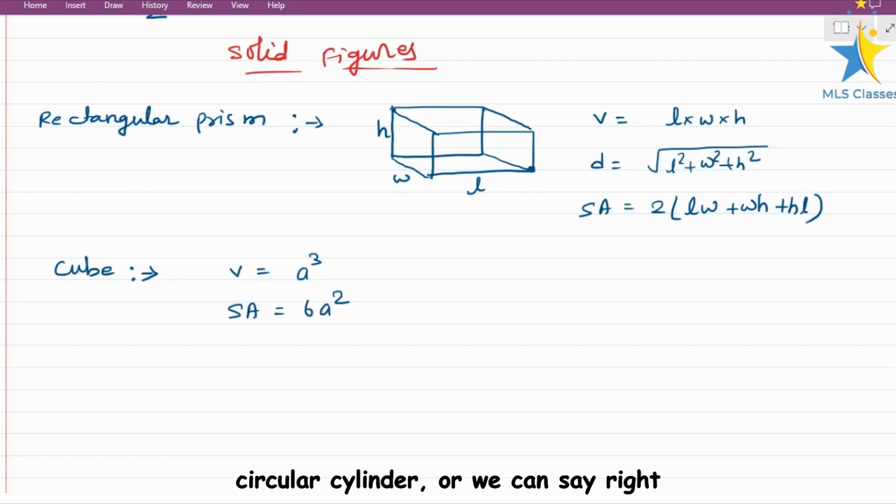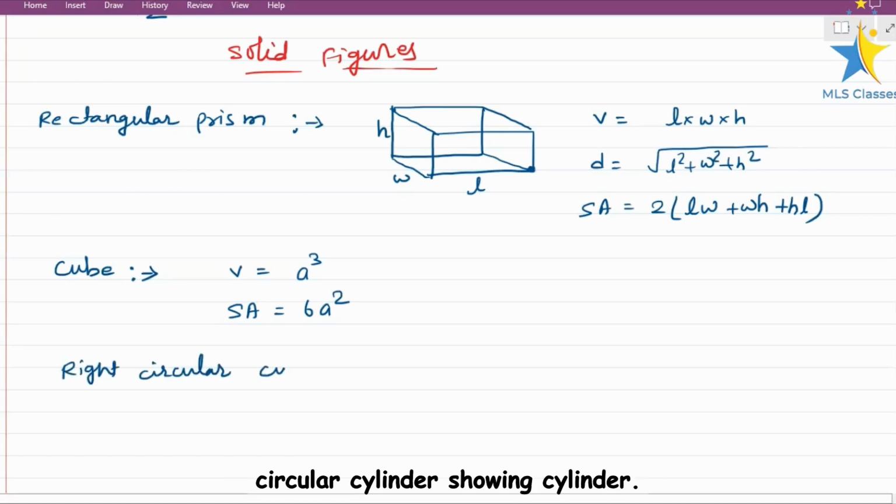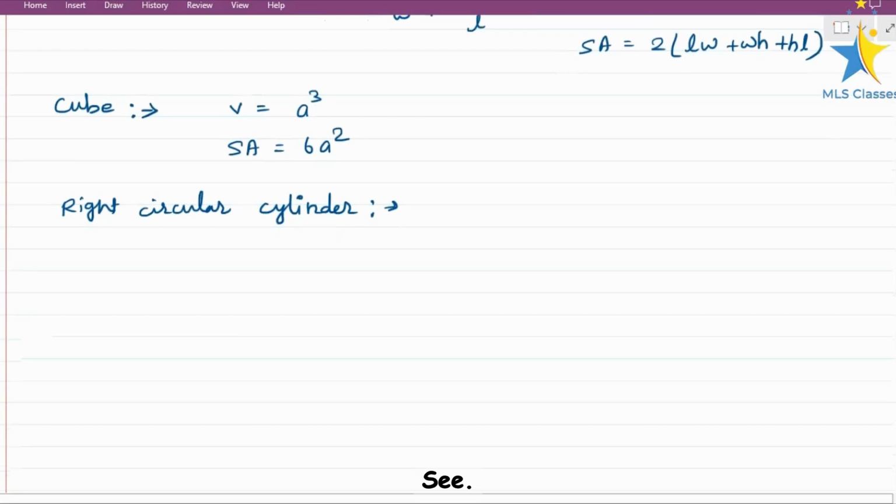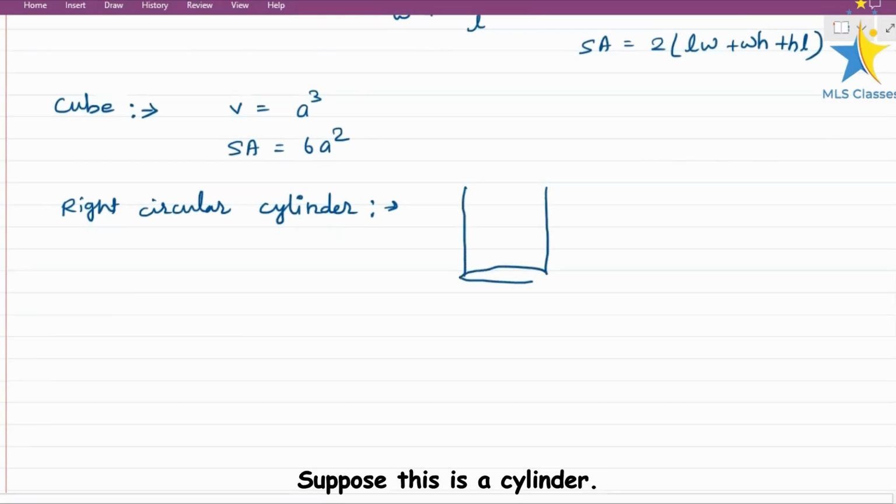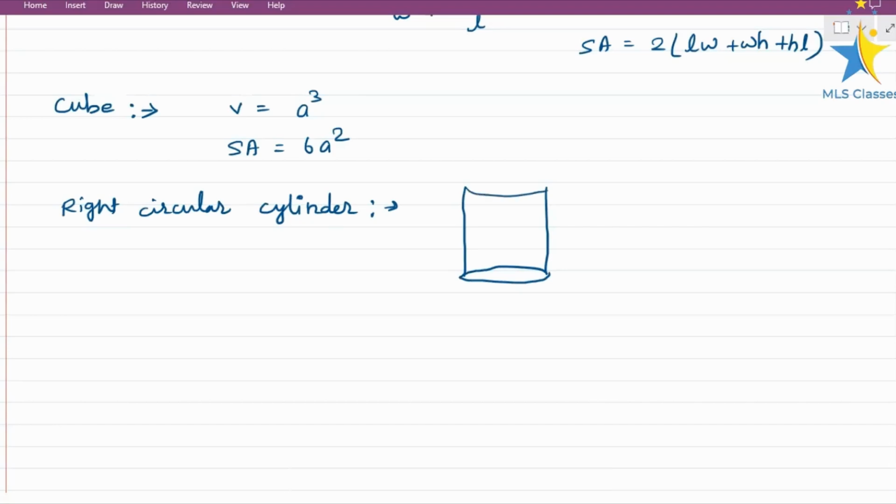Next is the circular cylinder, or we can say right circular cylinder. In a cylinder, suppose this is a cylinder where these two are the circular bases. So the volume of a cylinder is pi r square h, where r is the radius. Suppose this is r.